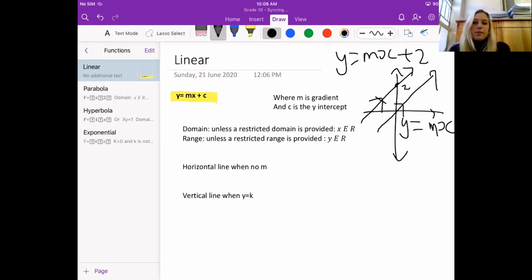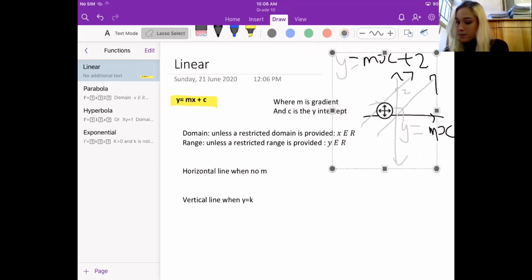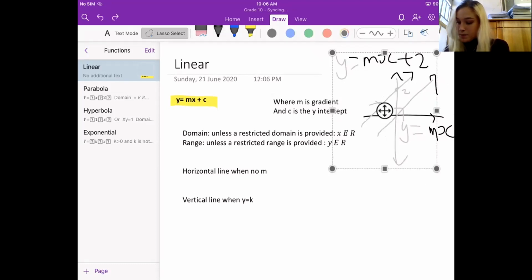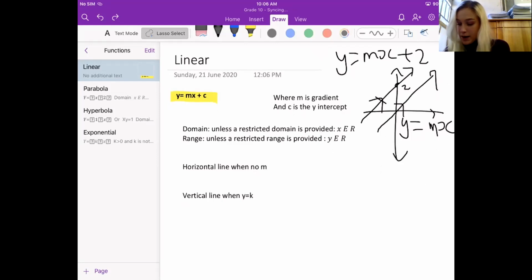Okay, when we look at the domain of our straight line graphs, unless we give it a restricted domain like we practiced in our last videos, our domain is always x is an element of the real numbers. What we can actually do is write the real numbers in interval notation.